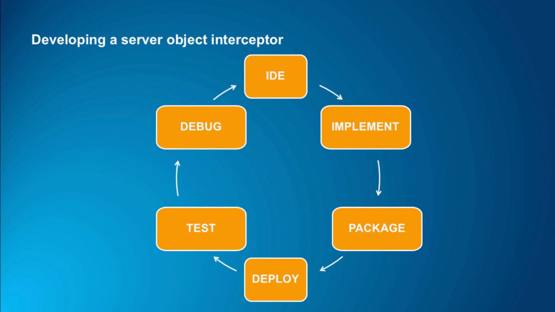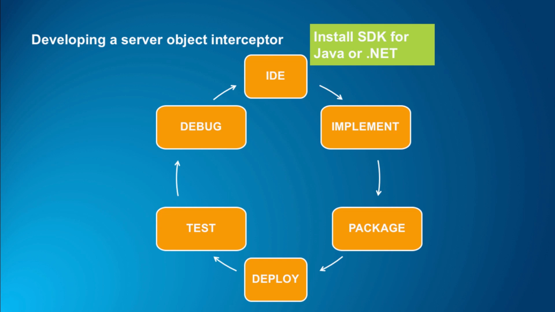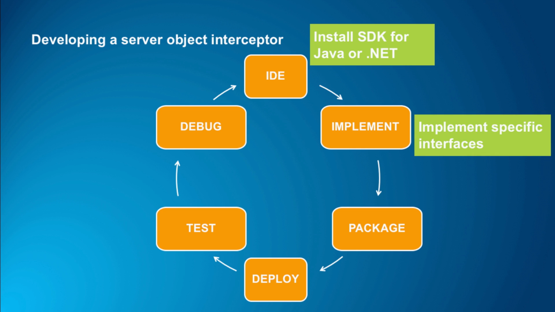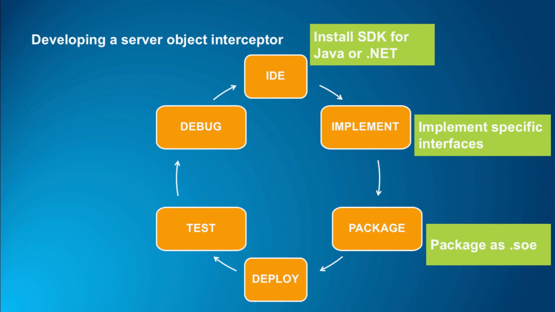So as developers, you start by using your IDE, and get the appropriate SDK, either Java or .NET. You then implement specific interfaces that are requested from you, and we'll go over it in a little more detail. You package them with a SOE extension.